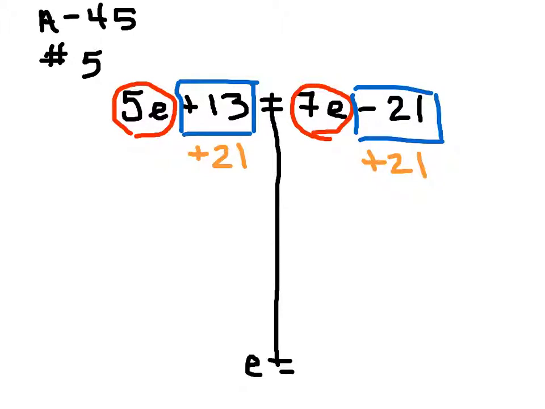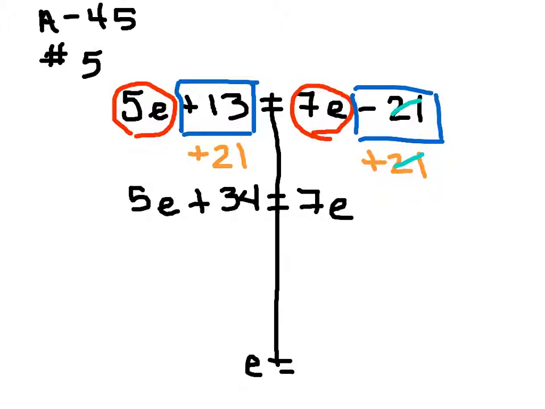So if I do that, I get 5e on this side plus, and these guys add together to give me 34, and that's equal to 7e. And obviously, these two here cancel one another. They're out. A negative 21 plus a positive 21.